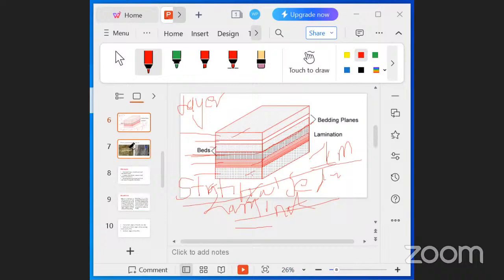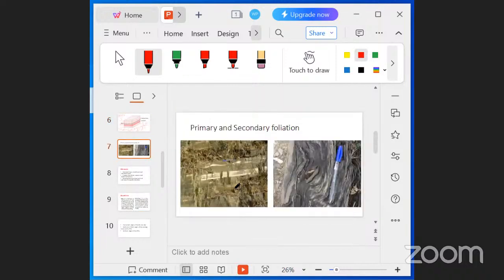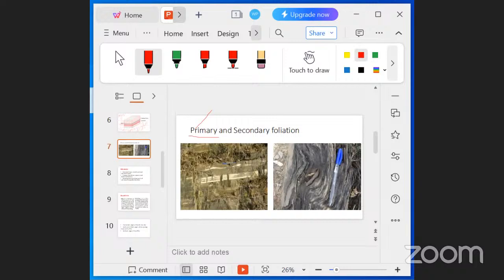You see this figure, like this one. These are igneous rocks. What is the reason? Flow of lava. It is also referred to as primary foliation, because these layers are developed simultaneously with the formation of the rock.